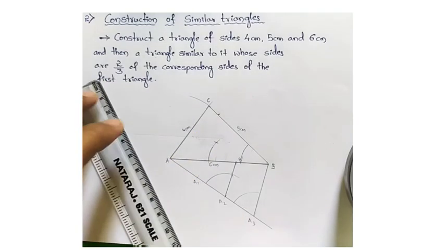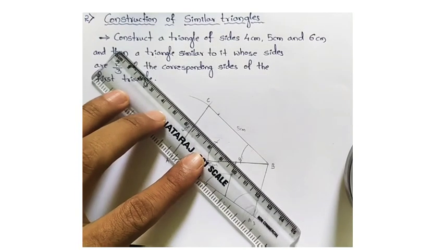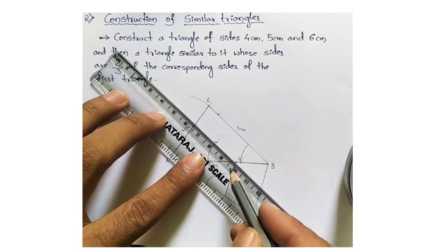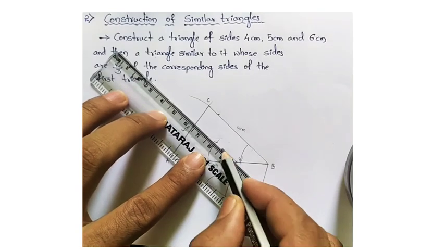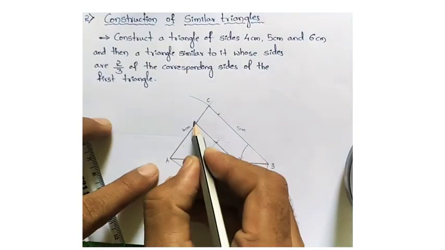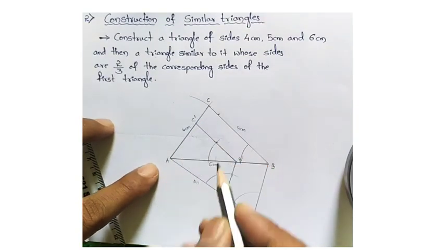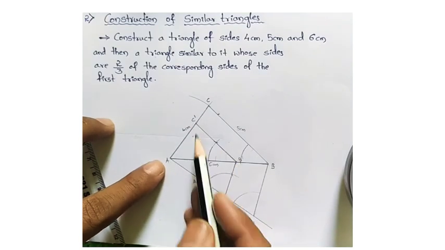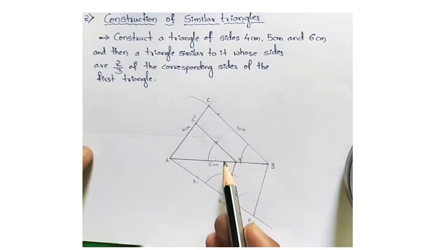So now join from B dash to that intersecting point. So now our A, B dash, C dash is our required triangle.